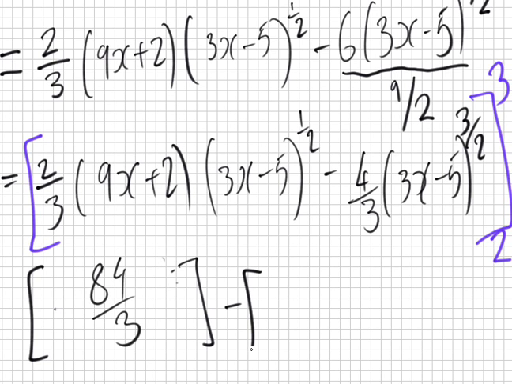And now let's put in 2. 9 times 2 is 18, plus 2 is 20, which is 40 over 3. 6 minus 5 is 1, so it's 40 over 3 there. 3 times 2 is 6 minus 5 is 1, so 4 over 3, so 36 over 3.